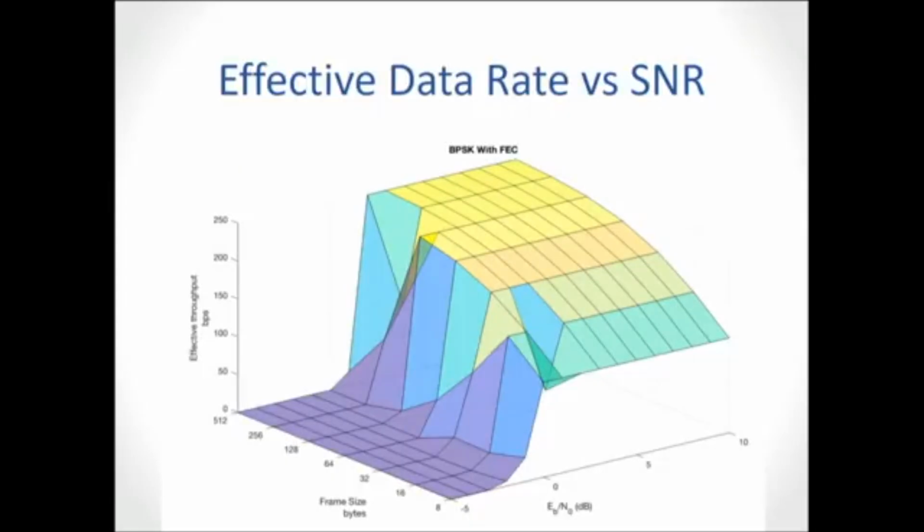So as you can see, in very good conditions where we have a strong signal-to-noise ratio, we achieve the highest data rate using the largest frame size. The frame size ranges from 8 to 512 in these tests. And we can get almost 250 bits per second, including the error correction.